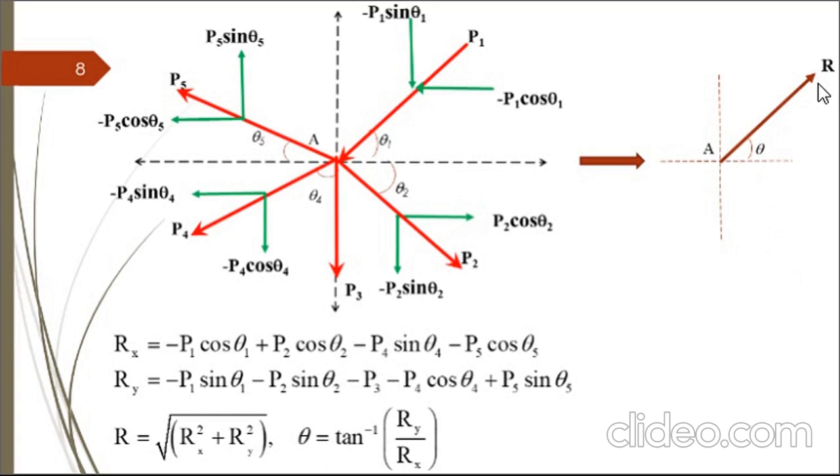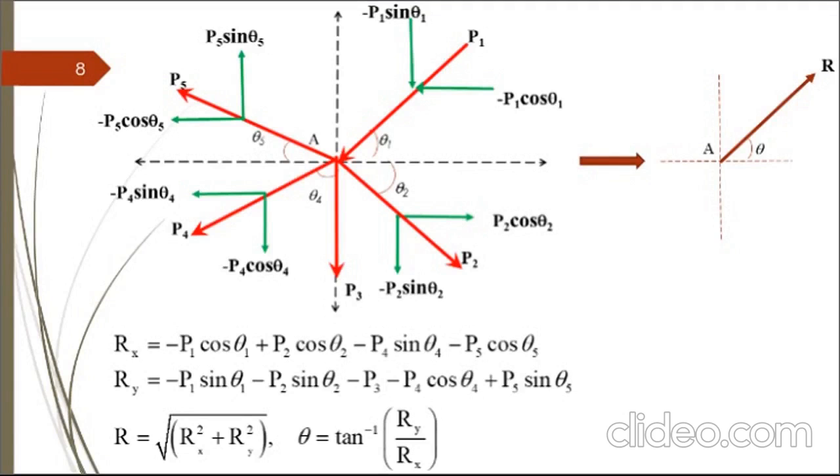Similarly, here this is R. Now to determine the angle made by the resultant R: if I resolve this force, this is the Rx component and this will be the Ry component of force R. Therefore theta is given by this vertical and this horizontal, so tan theta equals Ry divided by Rx.